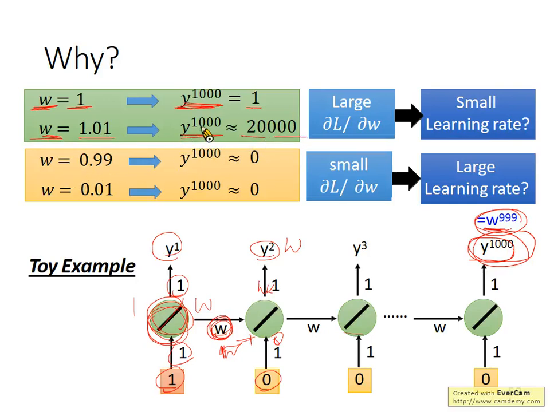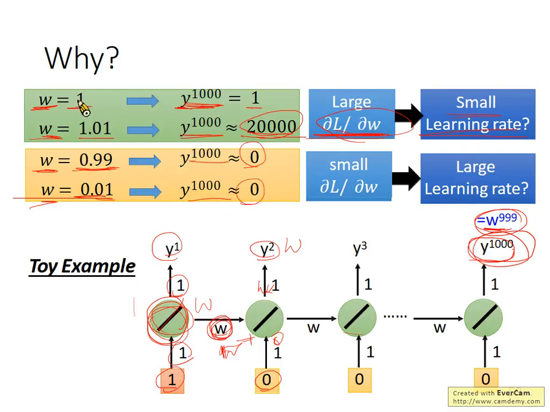When the output is very large, in the process of gradient descent we will get a very large gradient, so we may want to set the learning rate to be very small. However, when w is equal to 0.99 or 0.01, the final output is approximately 0.